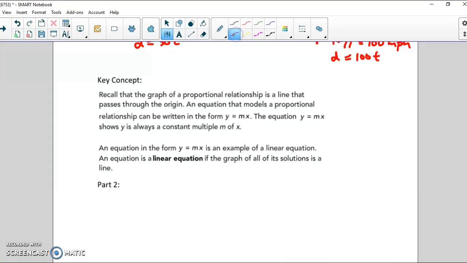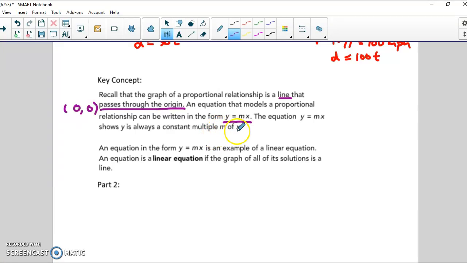So let's check out our key concept. Remember that the graph of a proportional relationship is a line and that it has to pass through the origin, which is 0, 0. An equation that models a proportional relationship can be written in the form y equals mx. And this equation shows y is always a constant multiple of x, and m is that constant multiple.